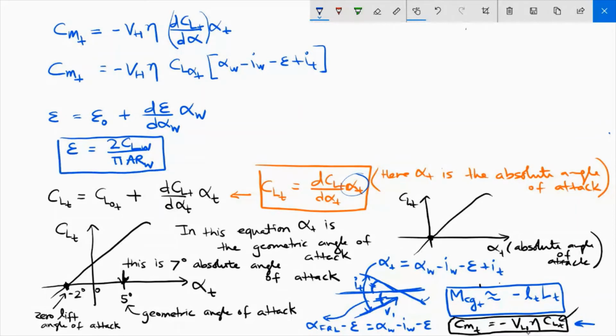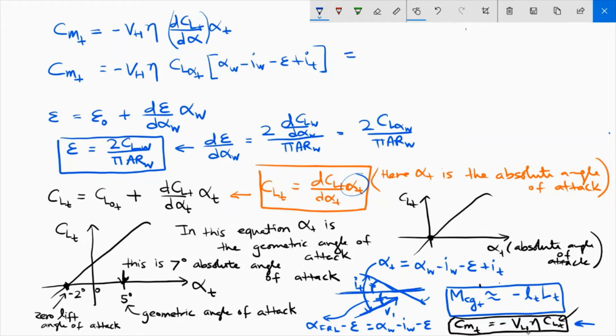Downwash angle is given by this formula, which means the slope of downwash angle with respect to the angle of attack is equal to 2 times dCLW/dαW over π ARW, and in short notation this becomes 2 CLαW divided by π ARW. So in a given problem you will be able to calculate the downwash angle if you know the lift slope and the aspect ratio of the wing.